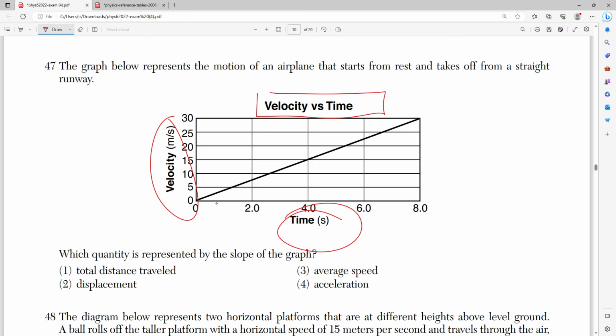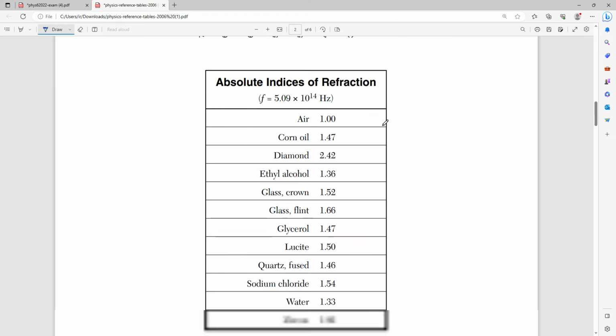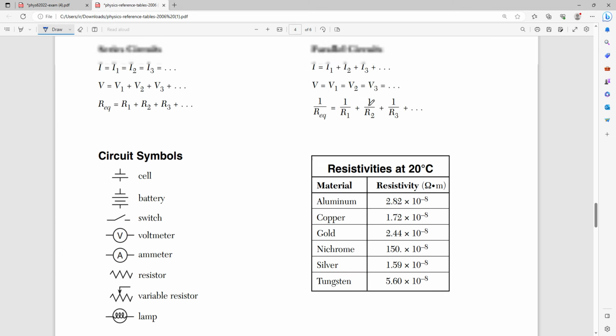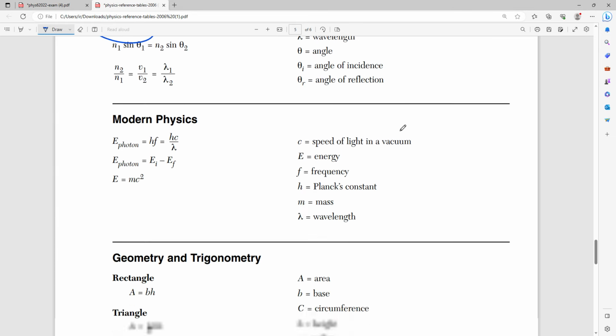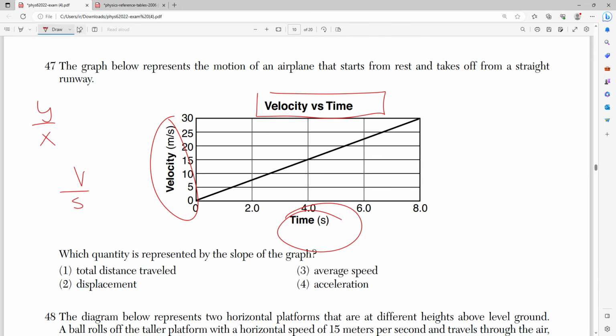And if I want to find the slope, that's going to be in the format of y over x, or v over s, right? So if I go into my reference table, it could probably remind me of what v over s is. If I go into mechanics specifically, v over s, or in other words, v over t, because seconds is time, right?